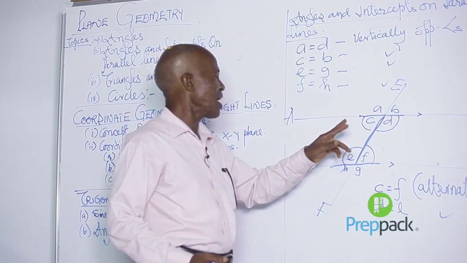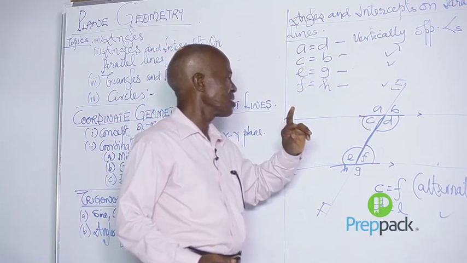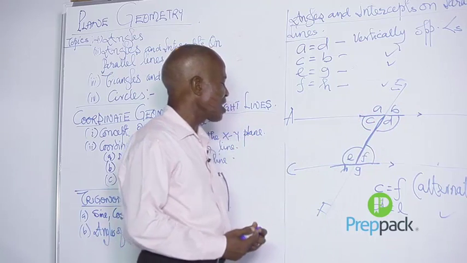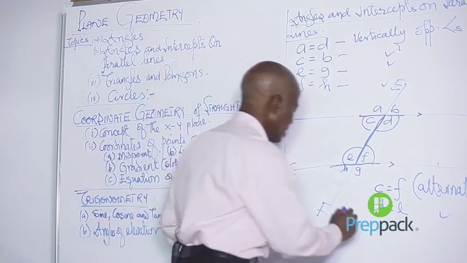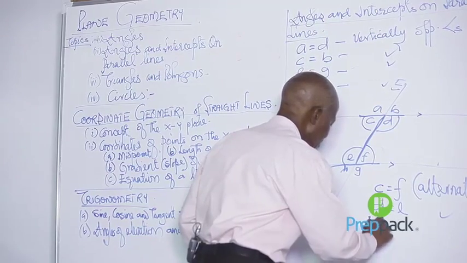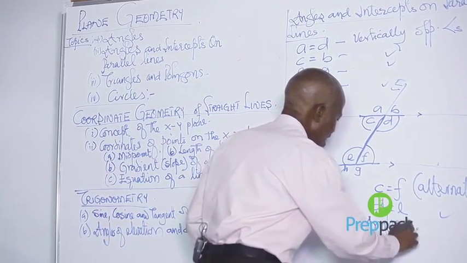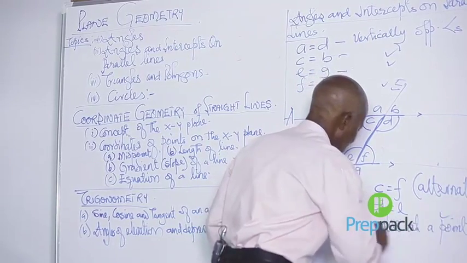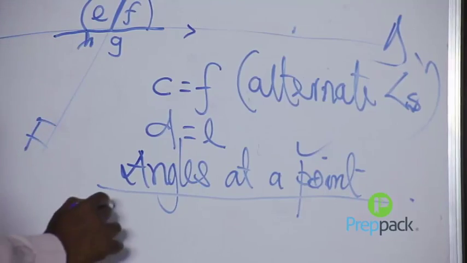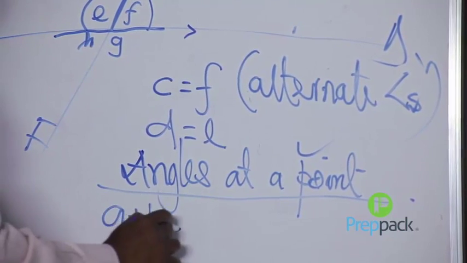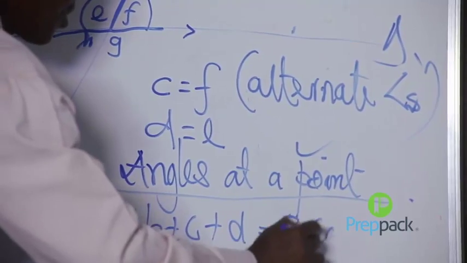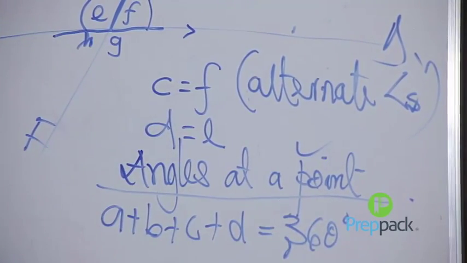We can also say this. The whole angle at a point, the entire angles here, angles at a point. That's another. A plus B plus C plus D add up to 360, just as I said earlier.